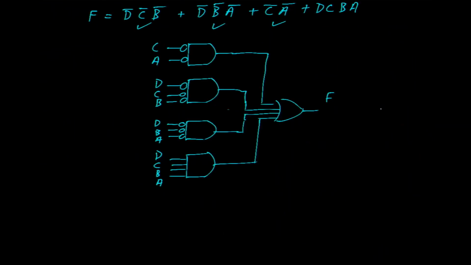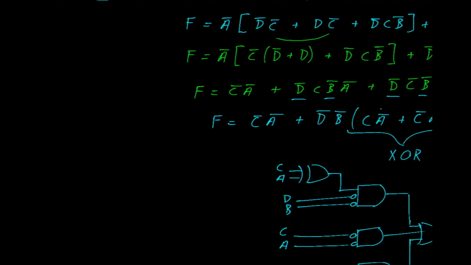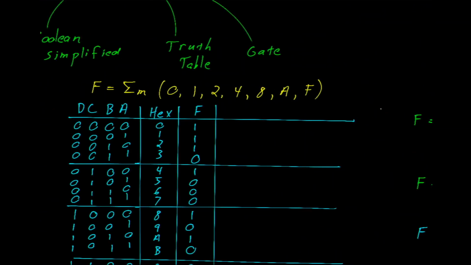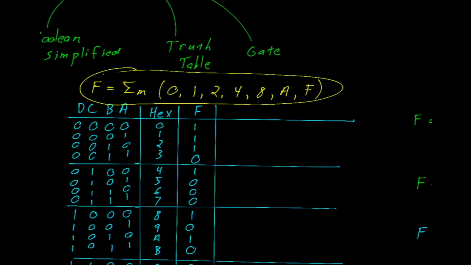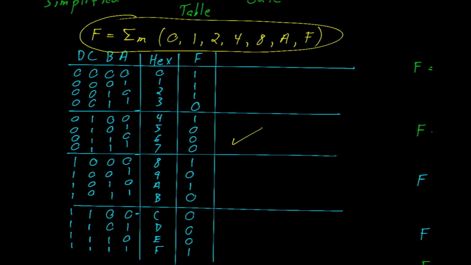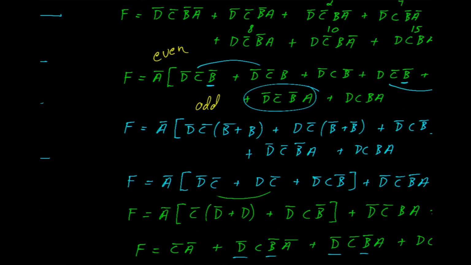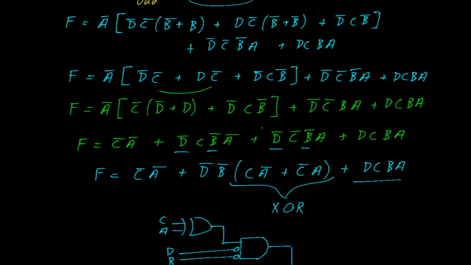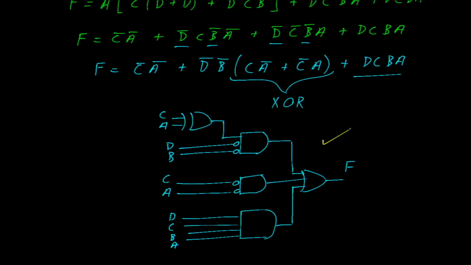All right, we started out somewhere talking about an expression using a compact sum of minterms. We described a truth table. We did some Boolean algebra and arrived at this circuit.